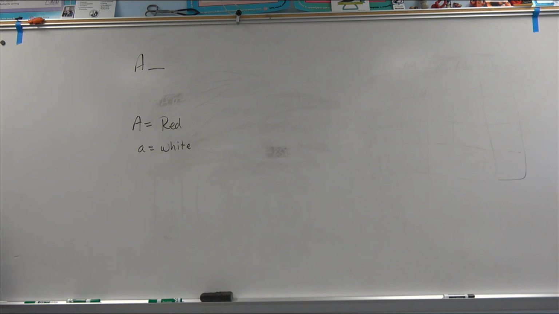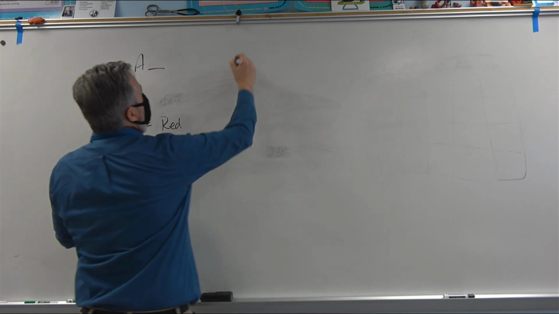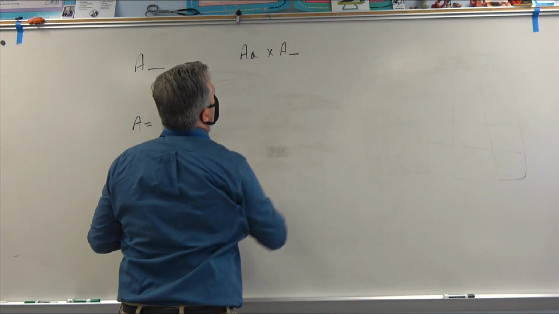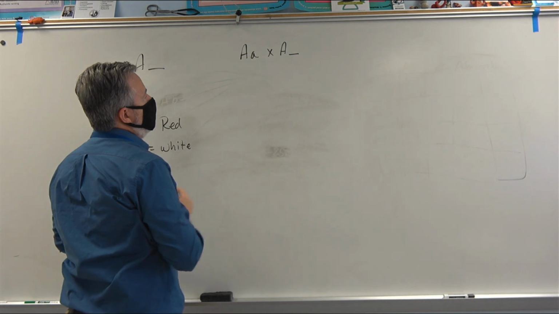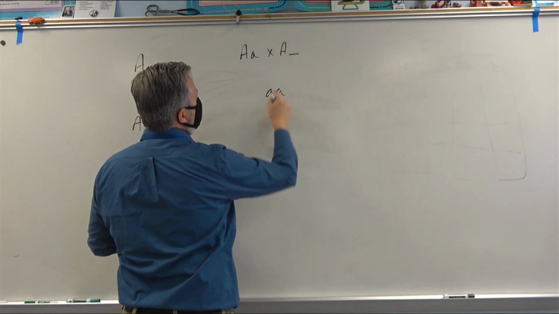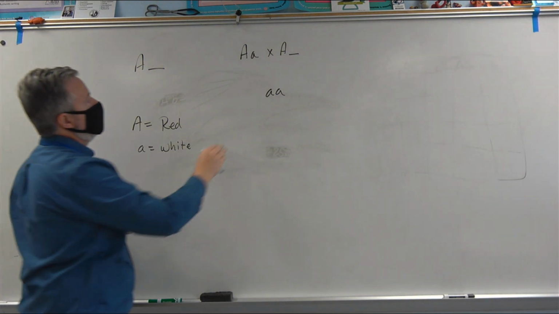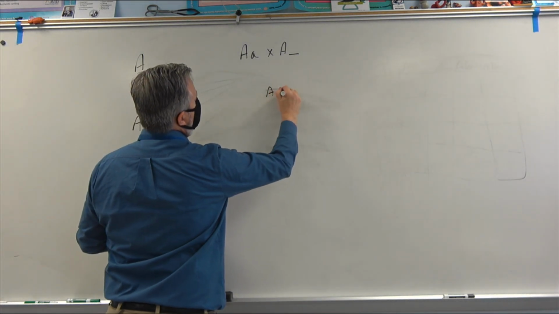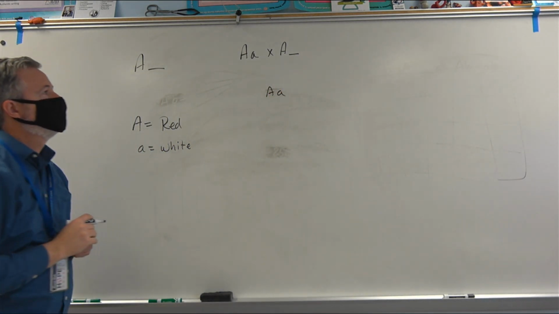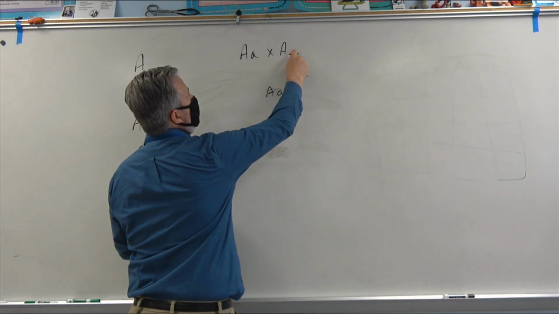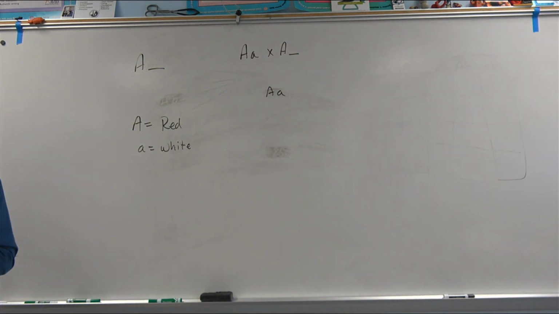So far, so good? So if I had a problem that looked like this, and I had one offspring that was little a, could you tell me what that one was? Okay. If it was this, what would go here? Big A?